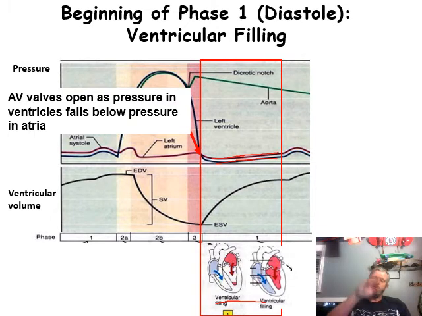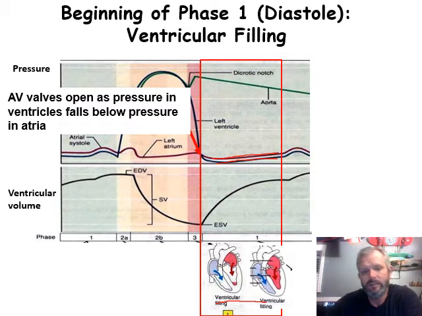Therefore, blood that's returning, remember veins return the blood to the heart, when the atrium and ventricle are both relaxed, the pressure is low, and blood is just passively filling into those chambers.